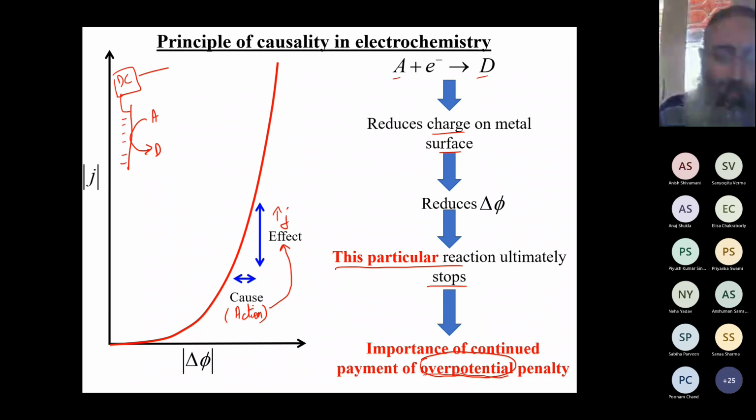It has to be a continuous penalty. As long as you are interested in driving the reaction, or driving a non-zero current density in the system, you will have to keep paying the penalty, and that penalty is the overpotential penalty. Is this clear so far?